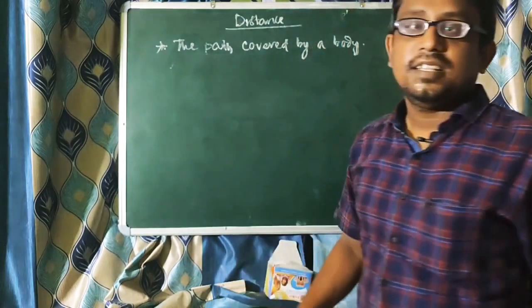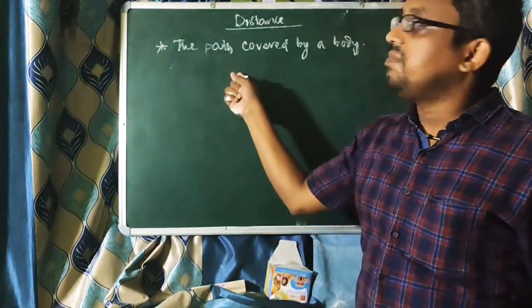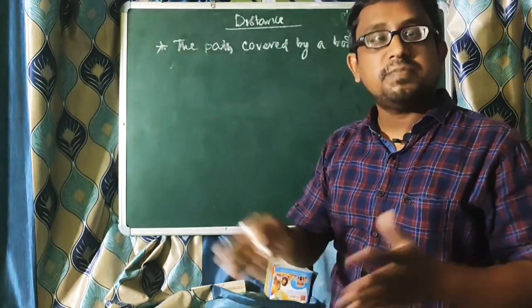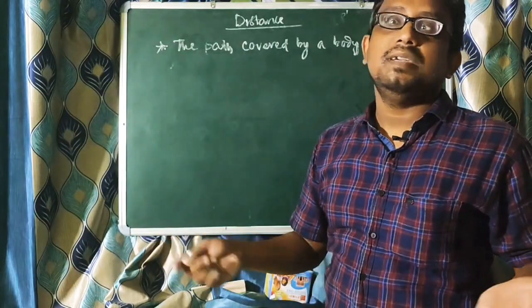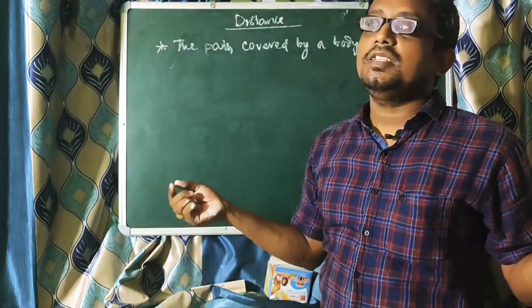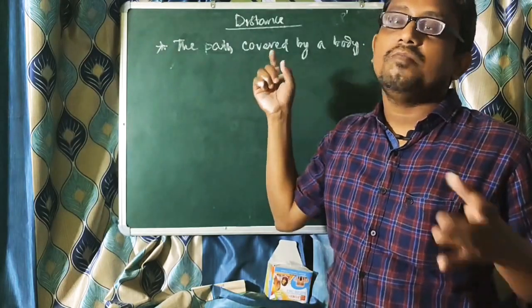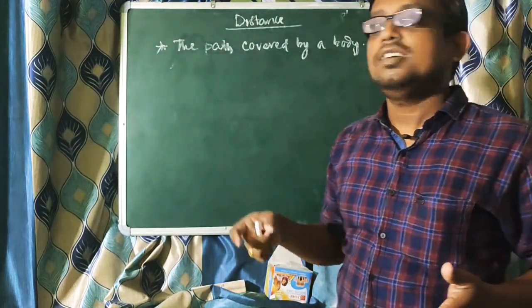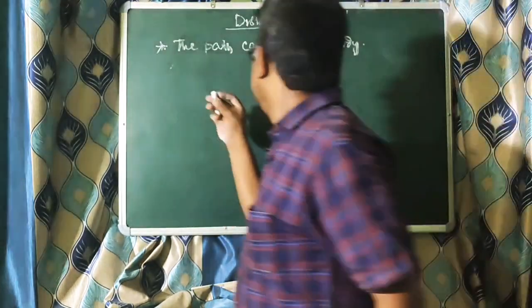We can say the distance is the path covered by the body. It may be a straight path, it may be a curved path, it may be a zigzag path. But the path covered by the body from one point to another point is called the distance. Clear?